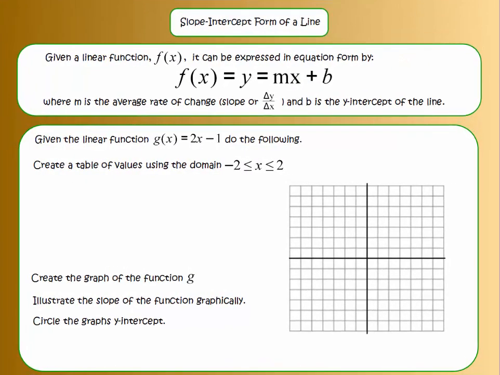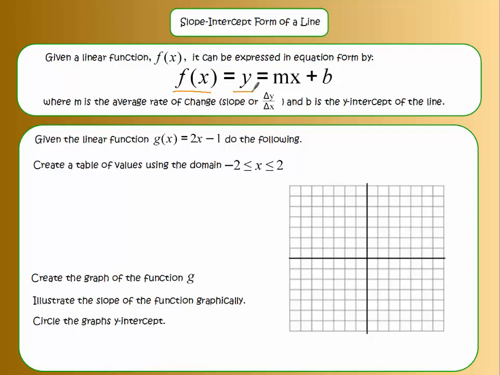Alright, so here's some review. This is the slope-intercept form of a line. Given a linear function, f of x, it can be expressed in equation form by f of x equals y equals mx plus b. Okay, f of x and y are interchangeable. They are the same thing.